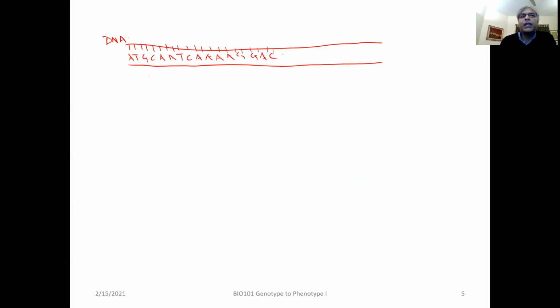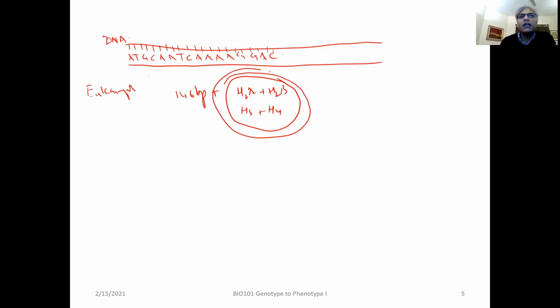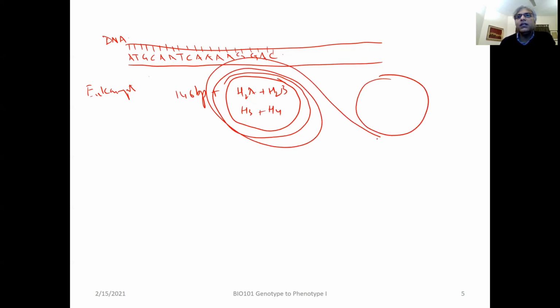What I have told you in eukaryotes, DNA 146 base pairs plus H2A, H2B, H3, H4, 2 molecules of each, they make a pulley. 146 base pair of DNA goes in 2 turns like this. Then next nucleosome, DNA goes like this.